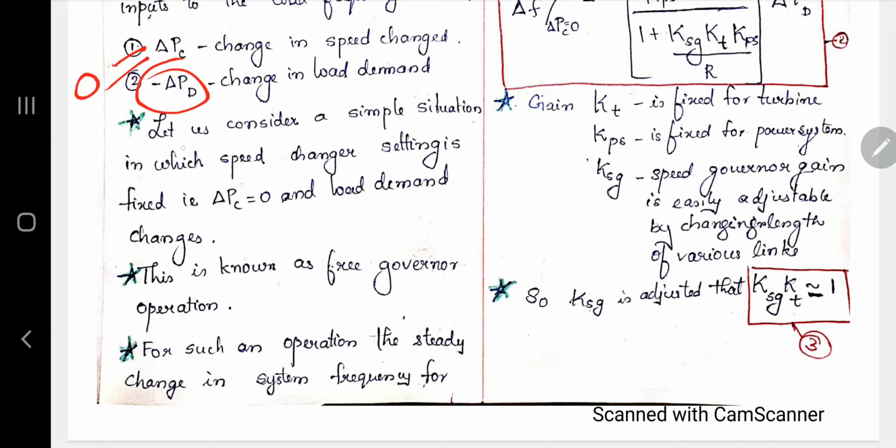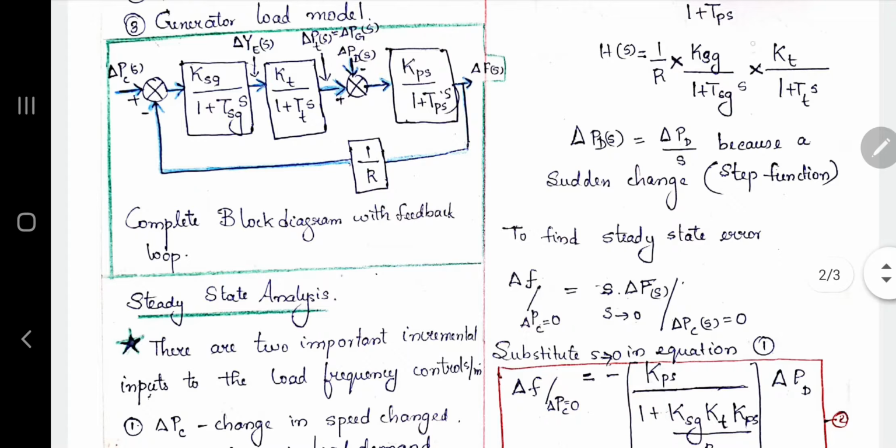In this case the speed changer setting is fixed, that is delta PC equal to 0, and only the load demand is changing. Such a system is called a free governor system, or free governor operation. For such an operation, we are going to find the output value, delta f of s. We will find delta f of s for the case PC of s equal to 0, with only this input given.